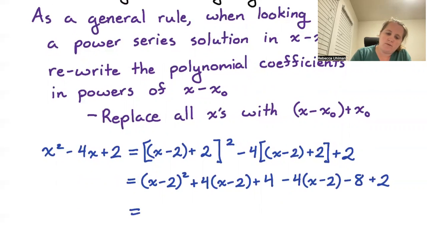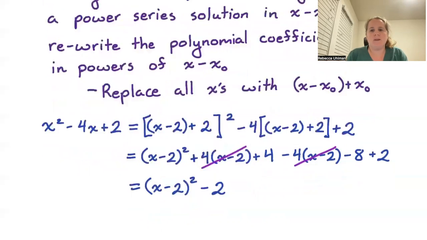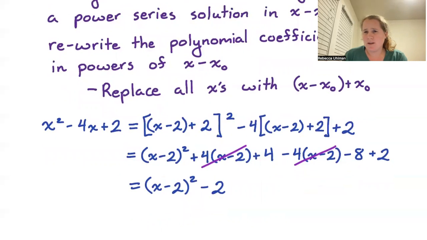So our plus 4 times (x minus 2) and minus 4 times (x minus 2) just cancel each other out, and this becomes (x minus 2) squared minus 2. You can always try completing the square and take that route as well. This is just an alternative method.